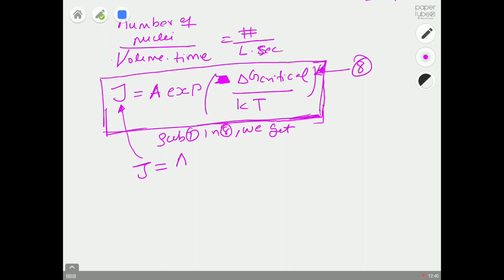J is equal to A into exponential of minus, just put the whole value, 16 pi sigma cube molecular volume raised to the power of square divided by 3 kT. So we already have kT here, so let's put k square T square multiplied by ln of S the whole square.